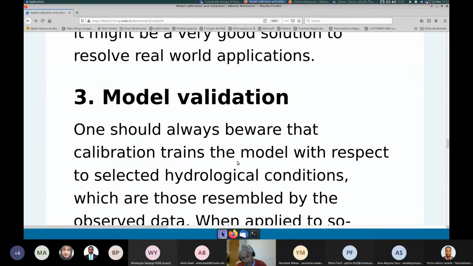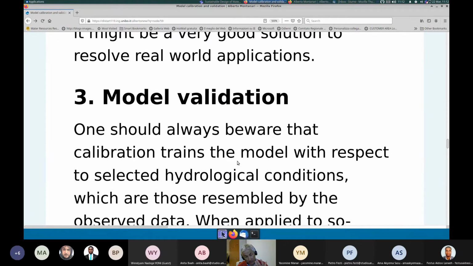So calibration is always a training with respect to a specific situation. If this specific situation, on a conceptual level, is extended enough, so it becomes a more general situation, then you may be more confident in the model performances with respect to something new to it, because the training was done with respect to a very comprehensive set of situations.